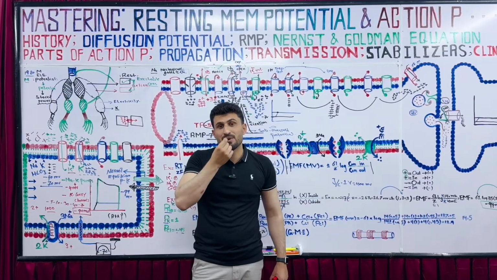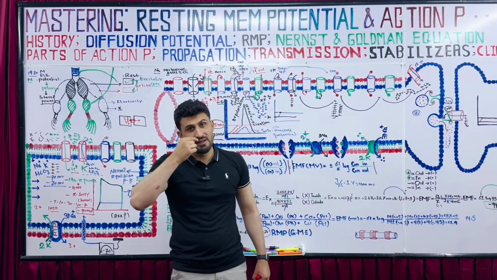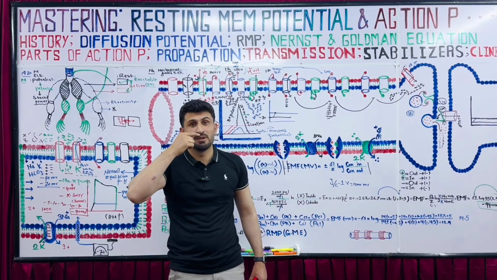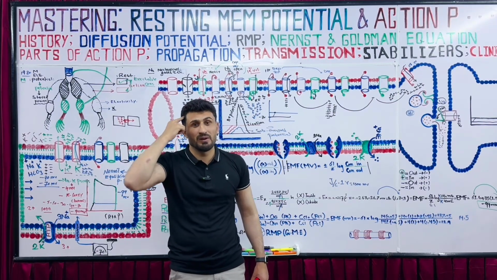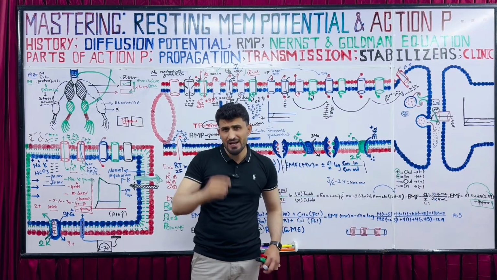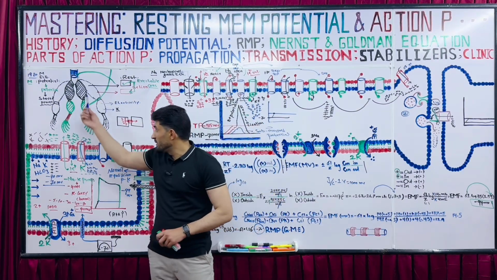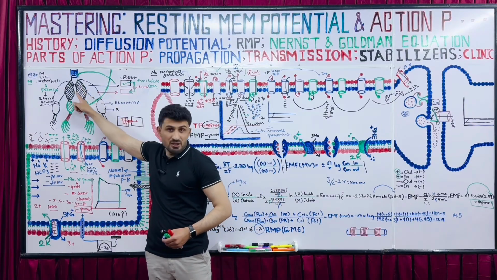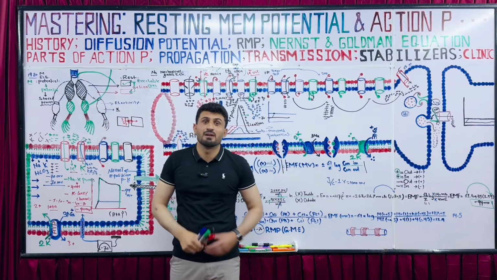When we smell something, it's transmitted by the action potential from our nose to the cerebral cortex, and so on. And our muscle contractions are due to action potential, and also here the muscle contraction was due to action potential, which was carried by the sciatic nerve of the leg of the dead frog.